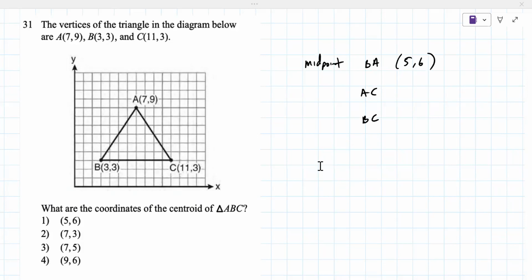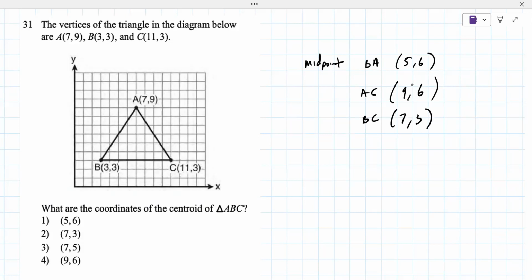I got 9,6 for AC, and then I got 7,3 for the midpoint of BC.